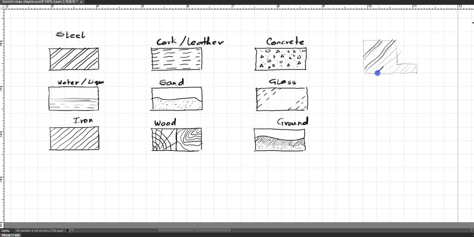Skip another one, have one and two, one and two, one and two. All of them have to be in the same direction, even though my lines might not be at the same angle or direction, but you should have it in the same angle and the same direction. So this is a symbol for steel.